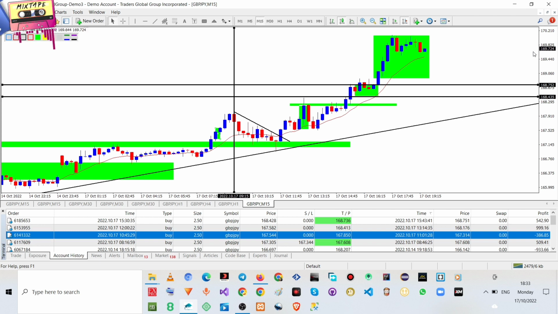So I had to take a break. Then from the break, I missed out on this opportunity, this bullish movement that happened here. But it's fine. There are more opportunities in the market to catch.